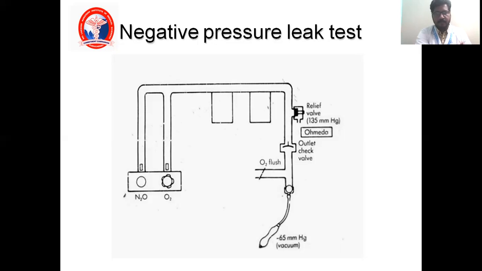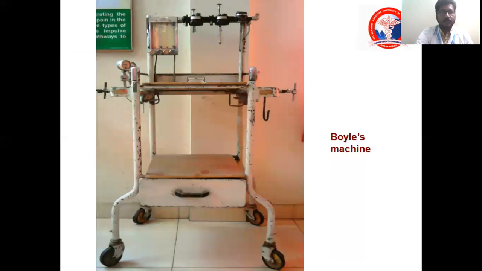This bulb should remain inflated for more than 20 seconds. If it remains so for more than 20 seconds, that means there is no leak inside the machine. This is the old Boyle's machine, as you can see.